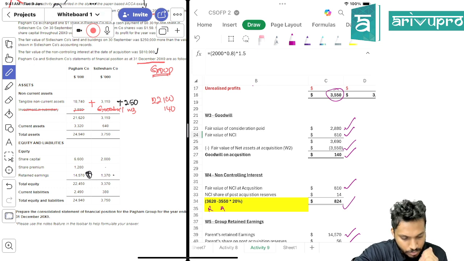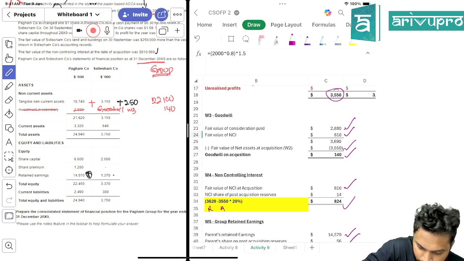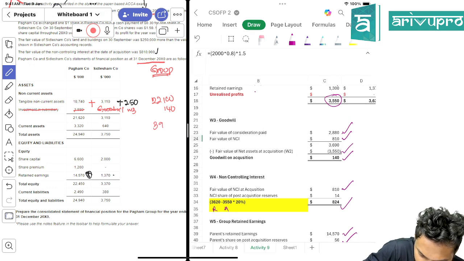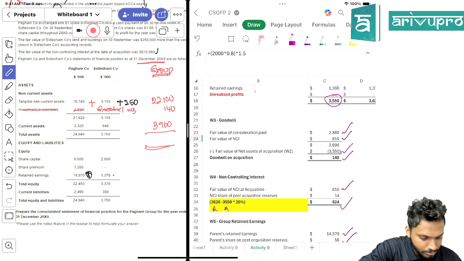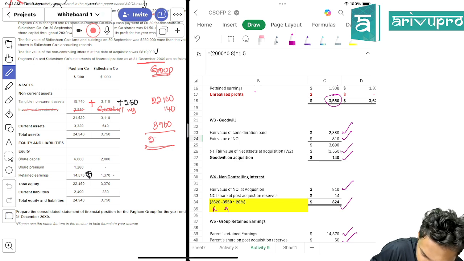No. Total current assets: 3,320 plus 640, which is 3,960. So then you will get a total of 26,200. The same total you need to get here, 26,200.